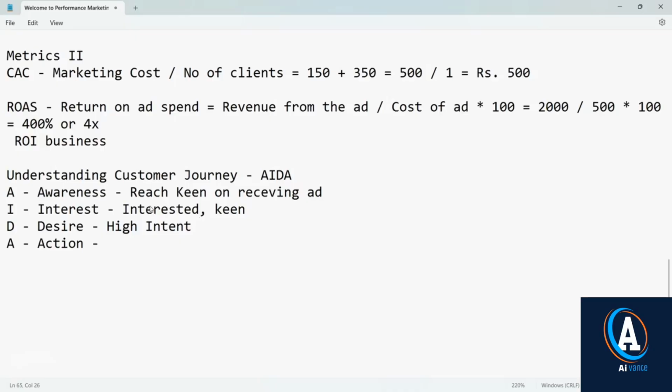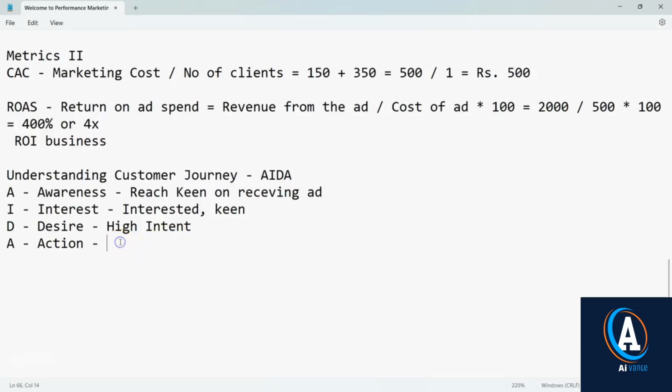We are not talking about that kind of desire, which is very common with all of us. We always want the best of things. We are not talking about that. Here, there is a very keen interest in purchasing this product or willingness to reach out. That is what high intent is all about.